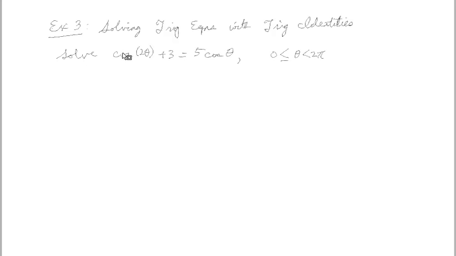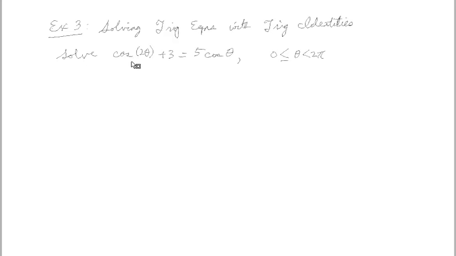All right, so this says solve the cosine of 2 theta plus 3 equals 5 cos theta. Now we have a double angle, so I should immediately start thinking, what are my double angle trig identities?